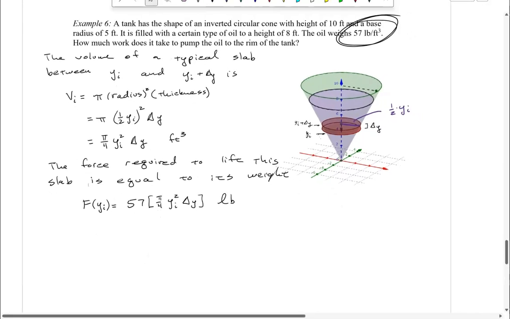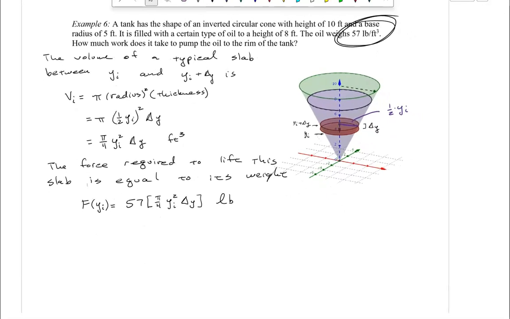All right, we're making some progress here. So we have the force required to lift an example slab, and that's simply its weight.